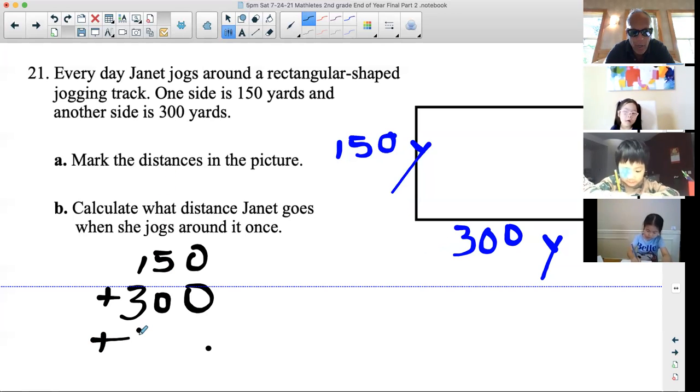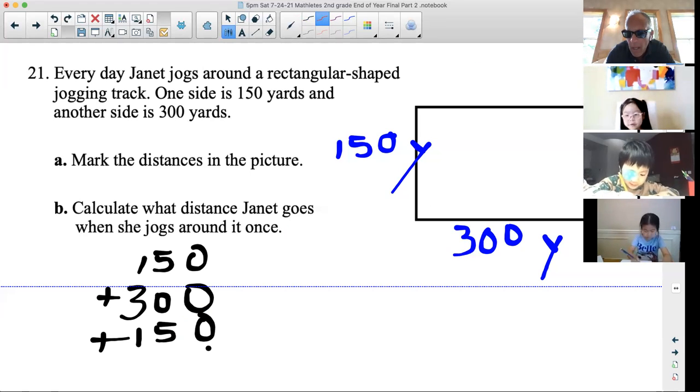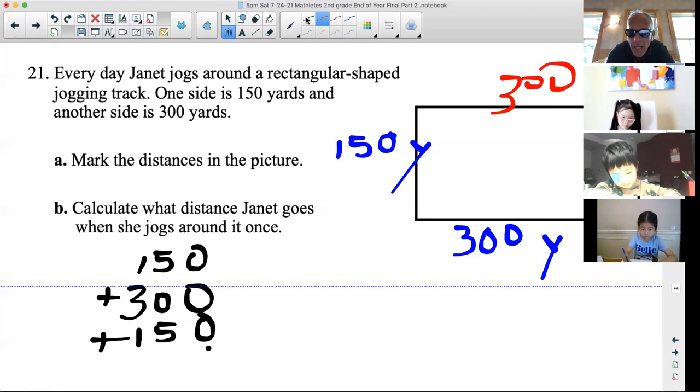Another 150. And what else would you have to add? Yes, add another 300. Everybody work on this calculation.